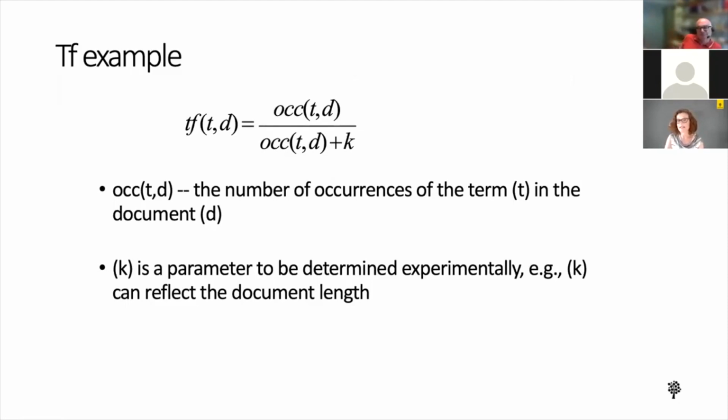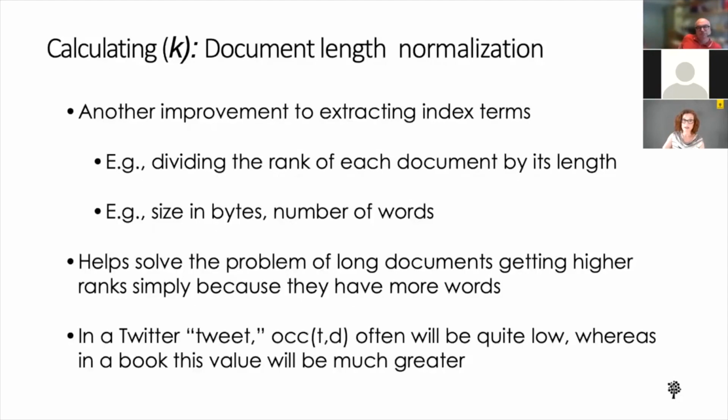It can indicate, for example, if the term is found in the title, it should be given a higher weight. If it's found in the middle of a long book and only there, then it should have a different weight. But often k is really a parameter determined to reflect the document length. So if you have documents of different length in the collection, you can take that into account.